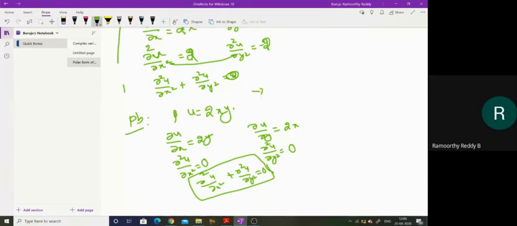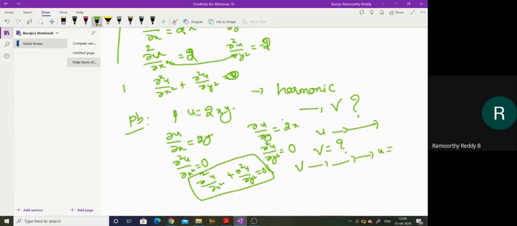If it is harmonic, then find V. So our next process is, if U is given, then U satisfies harmonic function. So then what is the harmonic conjugate? Or if V is given, then V should satisfy harmonic function. Then what is U?